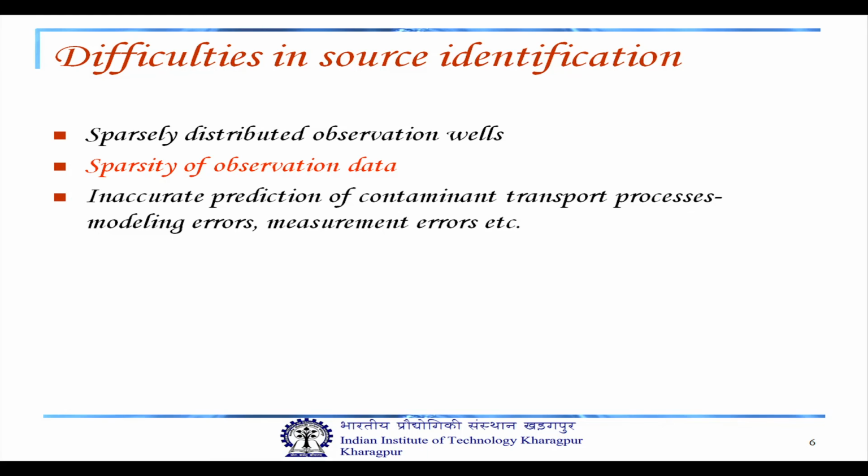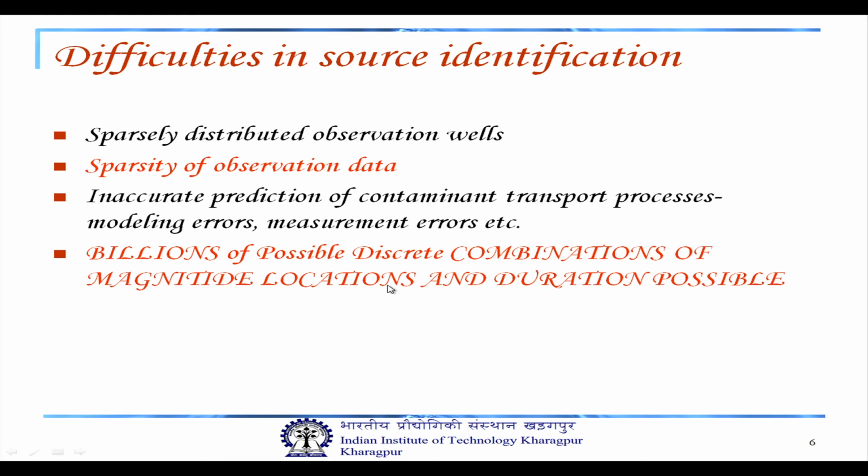At the same time, when we take measurements from the field, there will be some amount of measurement error associated with that. There are billions of possible combinations.